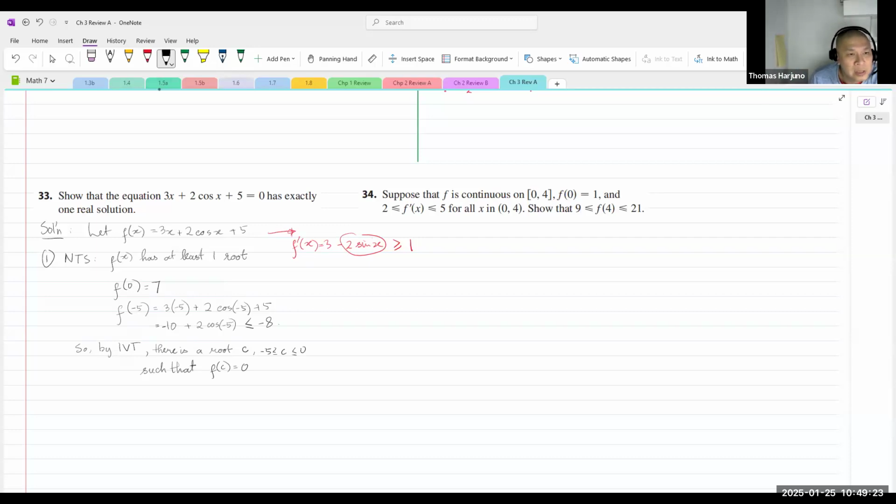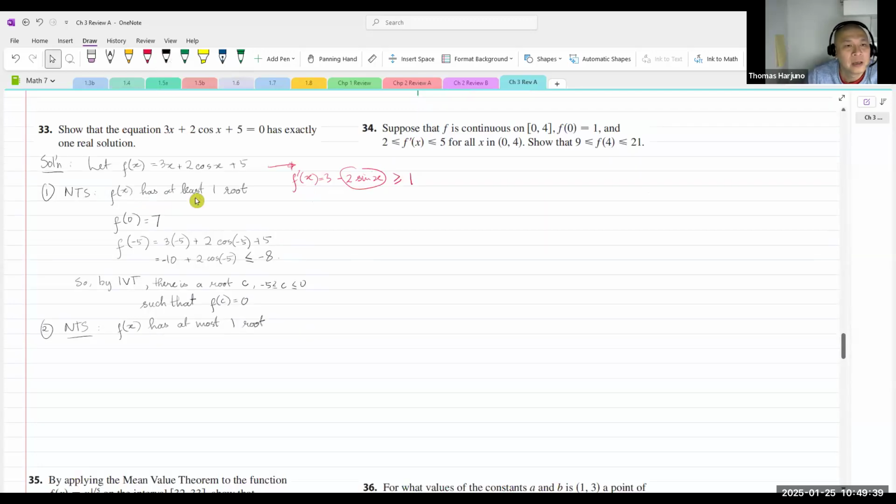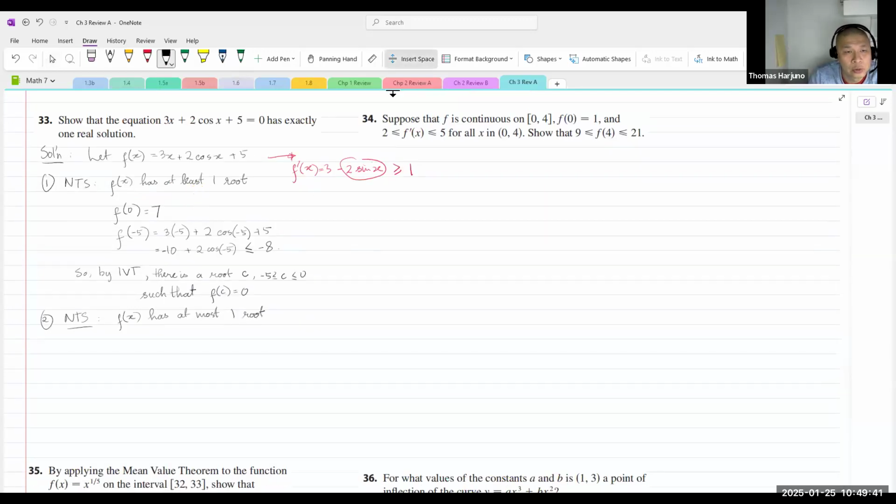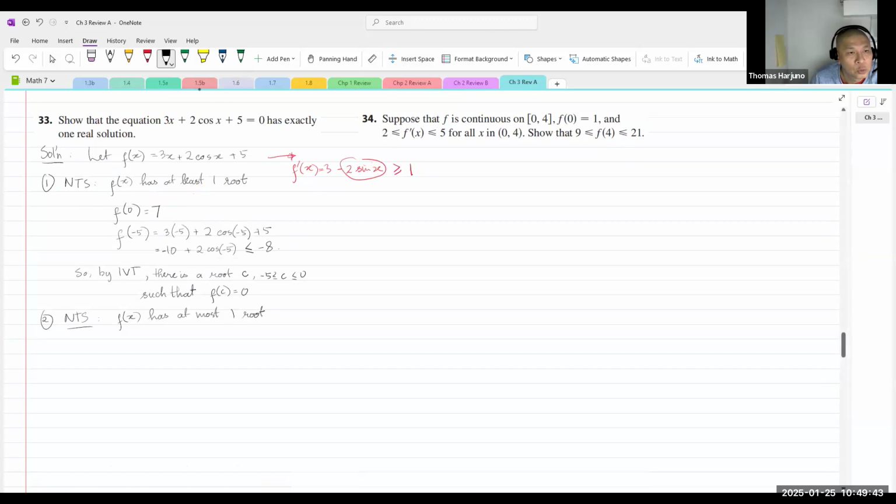Okay, now the second step is we need to show there's at most one root. Fx has at most one root. Okay, now suppose, for contradiction, fx has two roots.